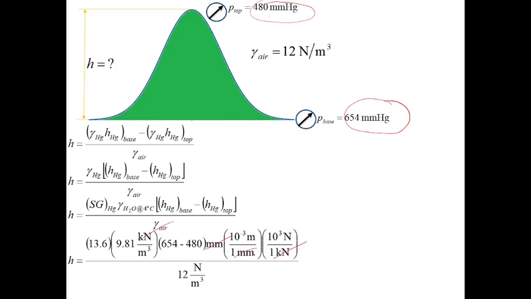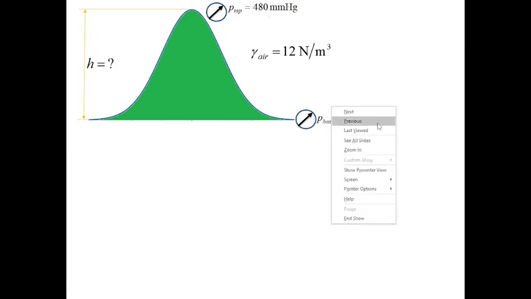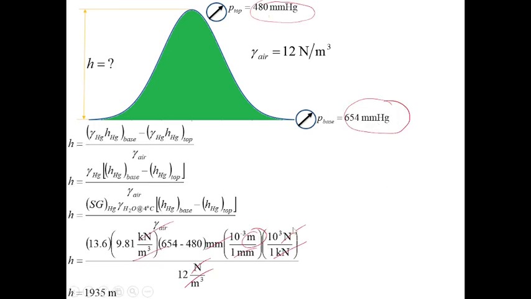What is left is, we have here 12 newton per cubic meter. This can also be cancelled. Then per cubic meter cancels. So what is left is meter. So the height of the mountain is now expressed in meter. And the answer is 1,935 meters.